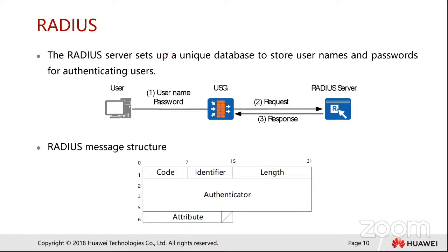The process of transmitting the messages between the server and the client is that when logging into a network device such as a firewall or an access server, the user sends the name and password to the network device. After that, the RADIUS client, or the NAS on this network device, receives the username and password and sends an authentication request to the RADIUS server. If the request is valid, the server completes the authentication and sends the required authorization information to the client.